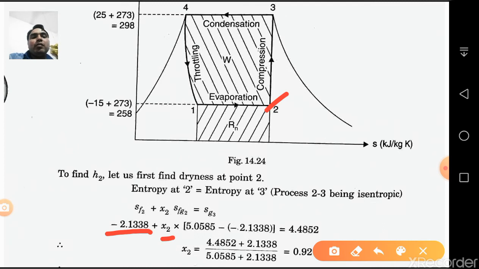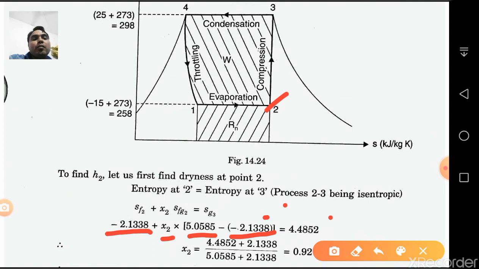And SFG2 equals SG2 minus SF2. The vapor entropy is given at minus 15 correspondingly, 5.058, it is the vapor entropy at the particular temperature of minus 15, and it is the liquid entropy corresponding to minus 15.